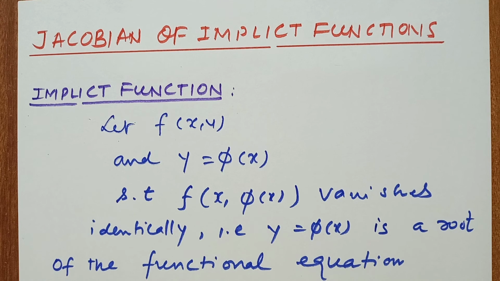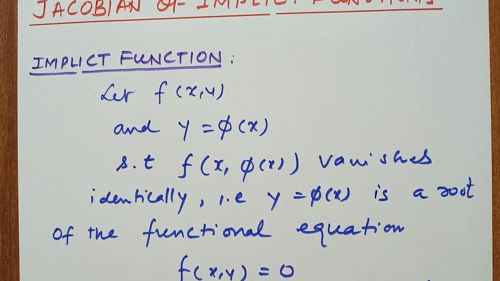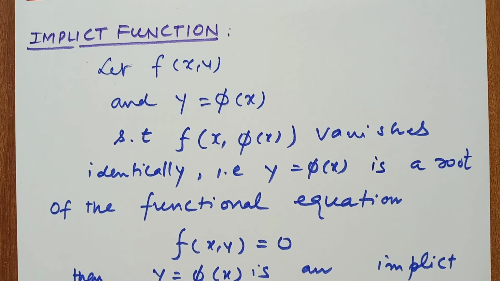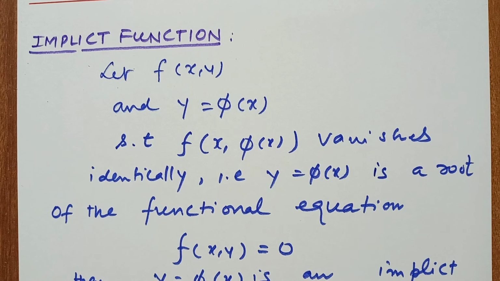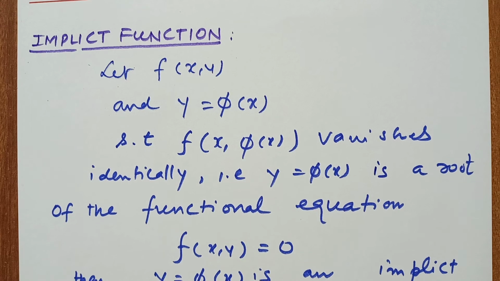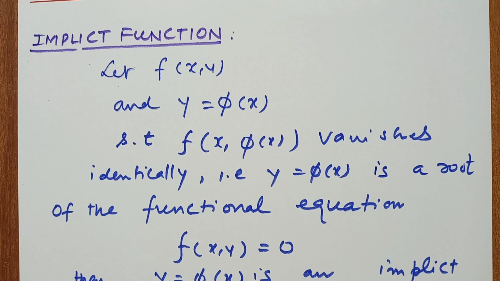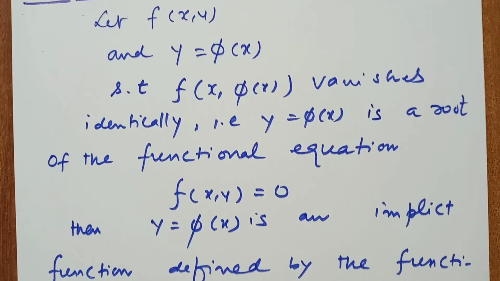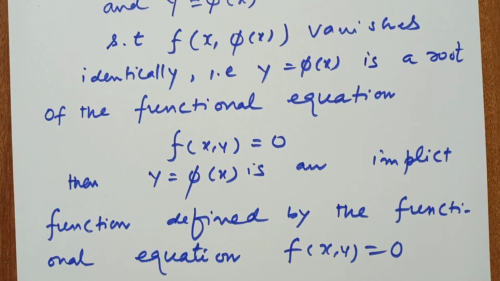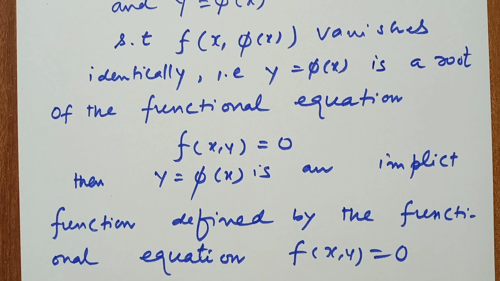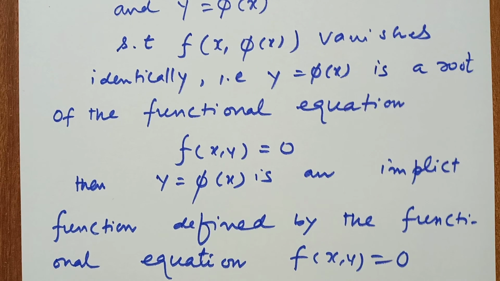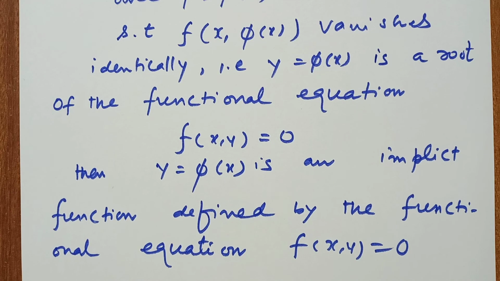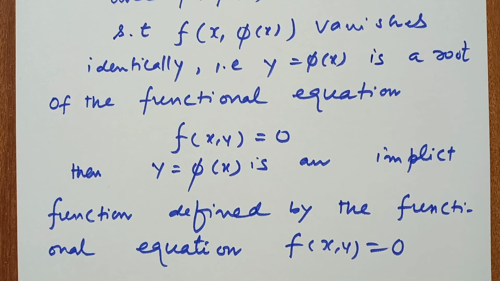That is, y equal to φ(x) is a root of the functional equation f(x,y) = 0. Then y equal to φ(x) is an implicit function defined by the functional equation f(x,y) = 0. So this is very easy to explain implicit function. Now we will explain the Jacobian of implicit functions.